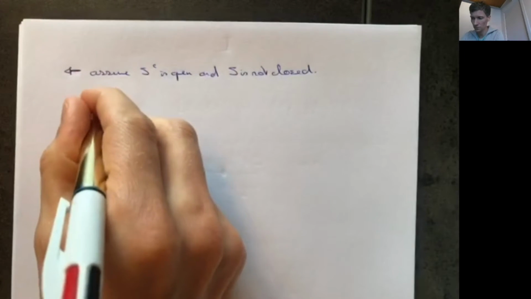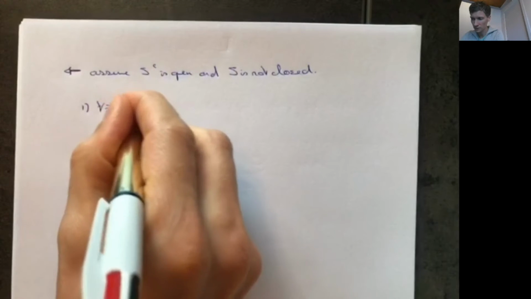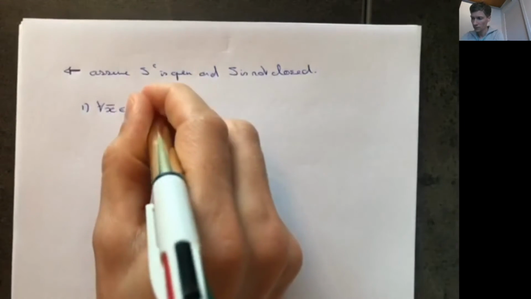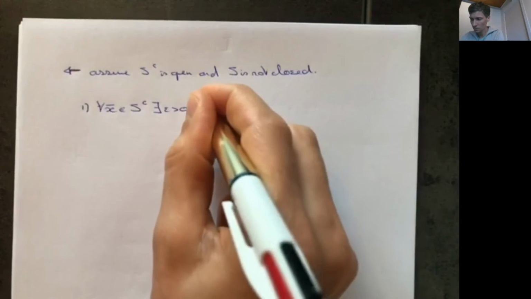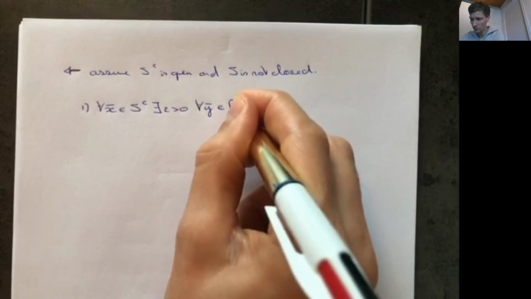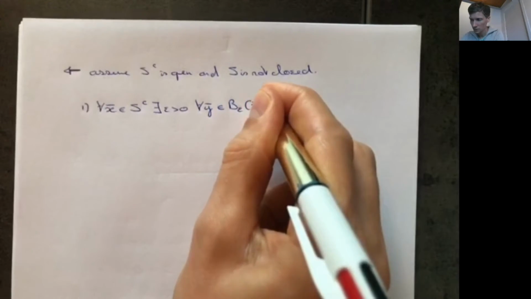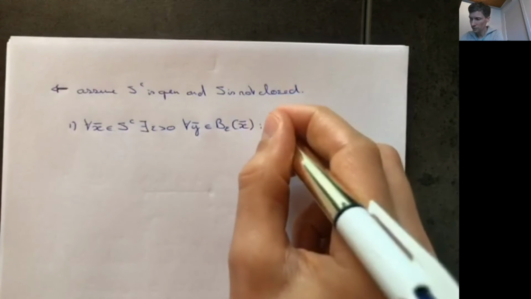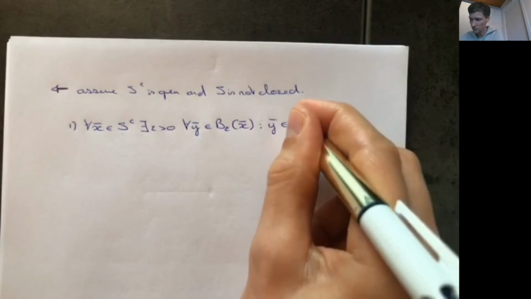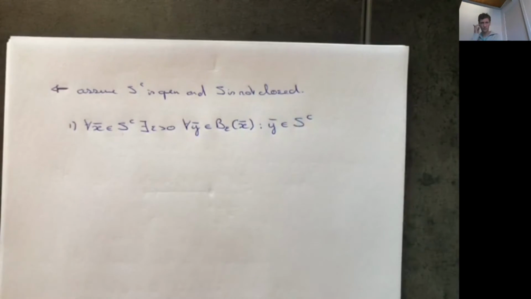This means that for all x in S^C, I can find an epsilon bigger than 0, such that for all vectors y in the ball of radius epsilon around x, y is in S^C. Okay.